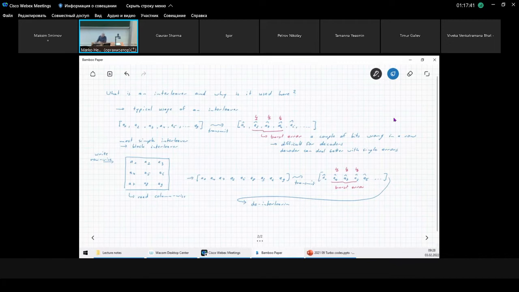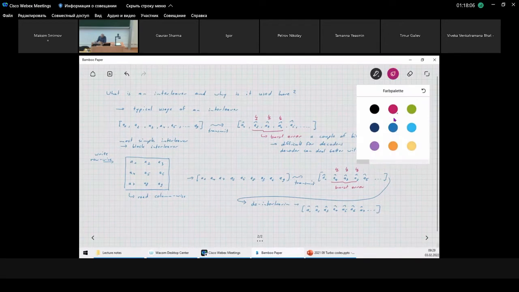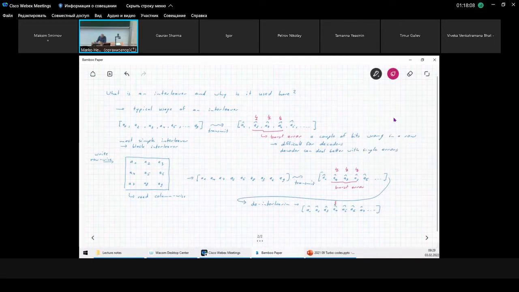So at the end, we would get A1, A2 hat, A3, A4 hat, A5, A6, A7 hat, A8, A9, with A2, A4 and A7 being corrupted by errors.